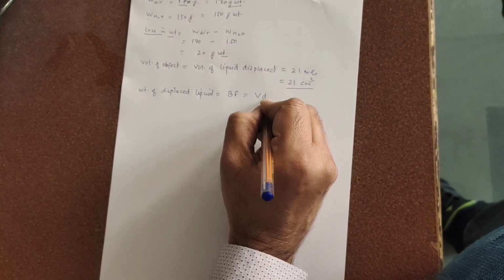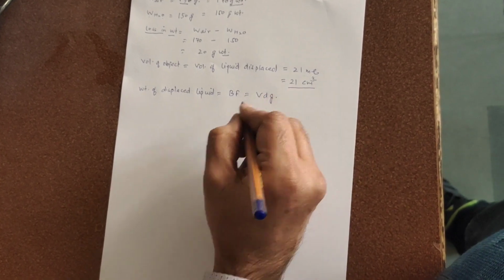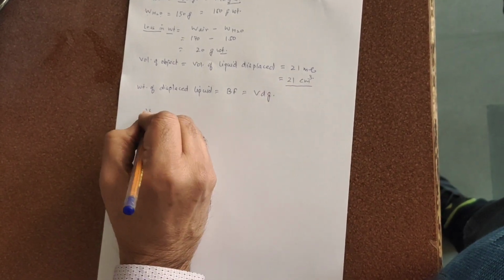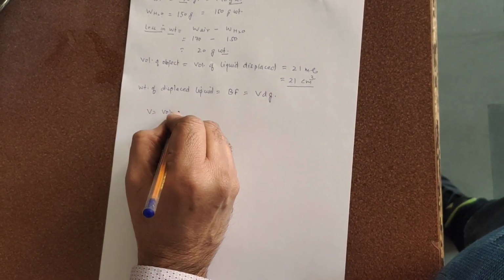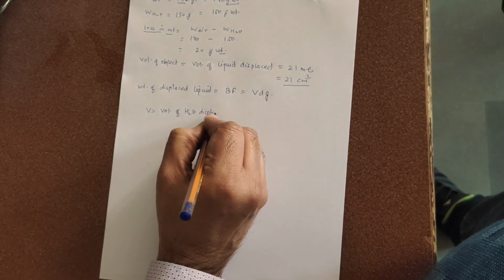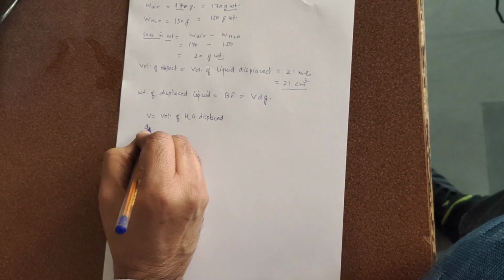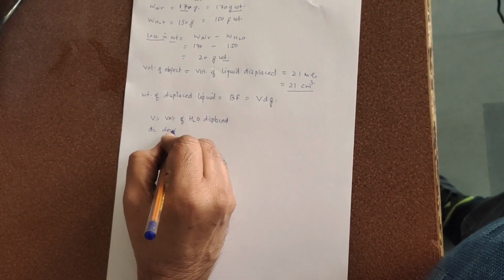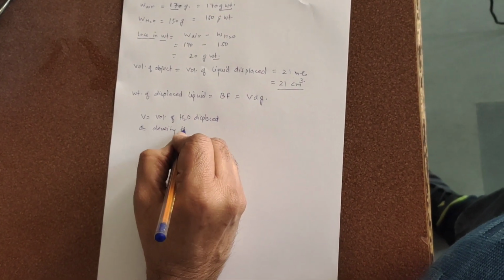The formula is VdG, where V is the volume of liquid displaced, D is the density of liquid, here it is water.